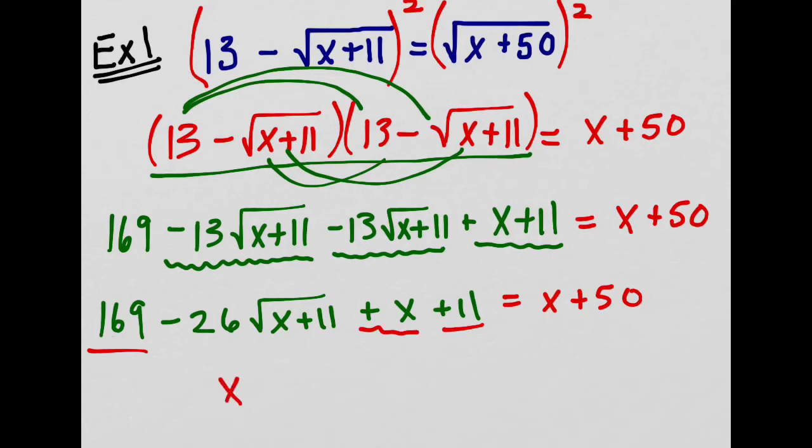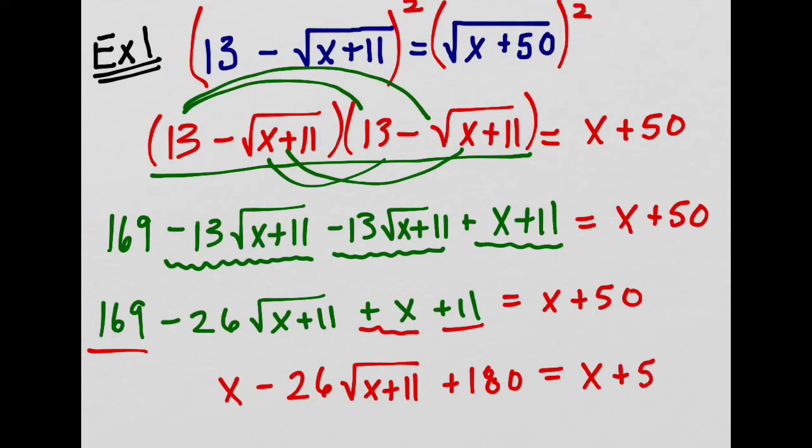I'm going to have that x minus 26 root x plus 11, and then the 169 and the positive 11 combined to give me a positive 180. And now I'm equal to my x plus 50. Okay, so that's what the work should look like so far.